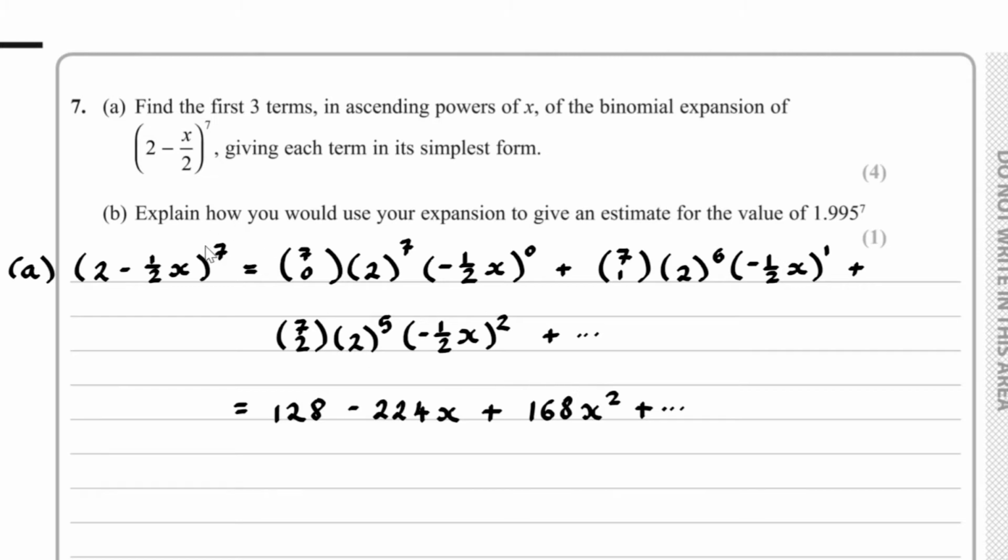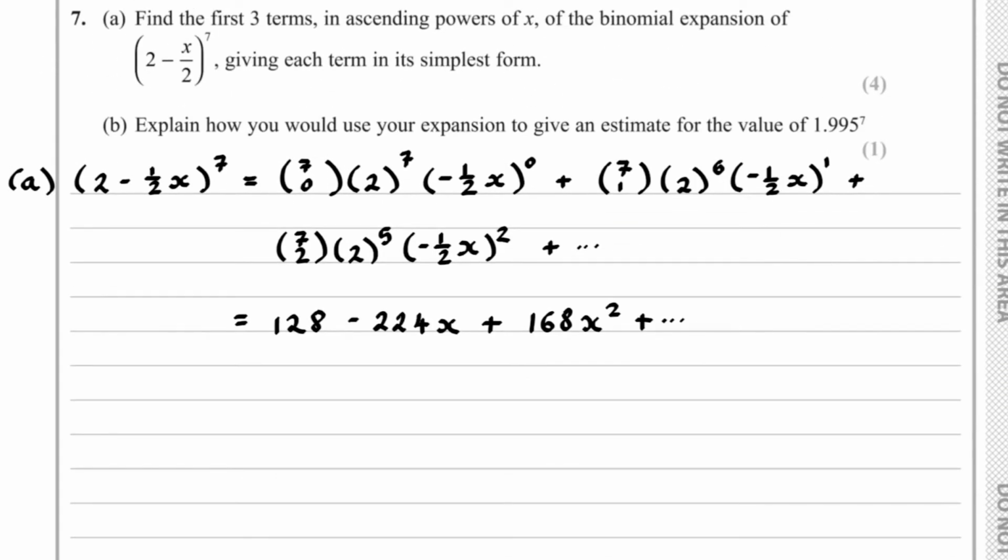Now, for part B, we have to explain how you could use your expansion in part A to find an estimate to the value of 1.995 to the power of 7. Well, if we compare the 2 minus x over 2 with the 1.995, both of them are being raised to the power of 7, which makes the comparison quite easy.